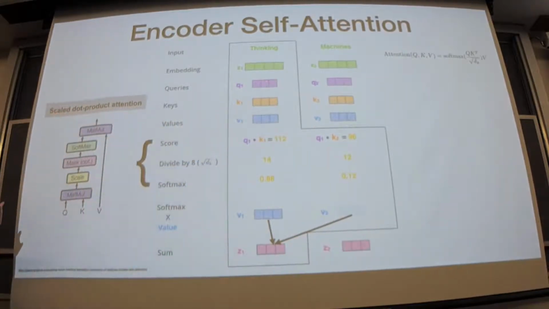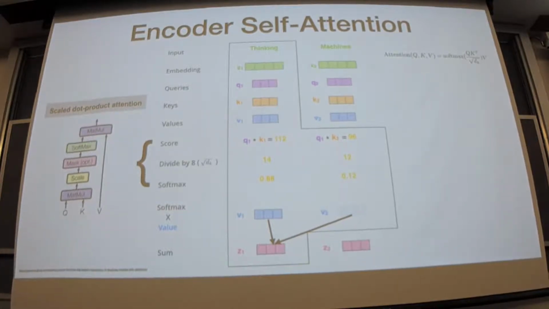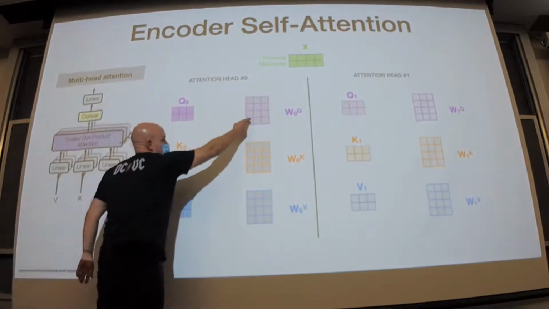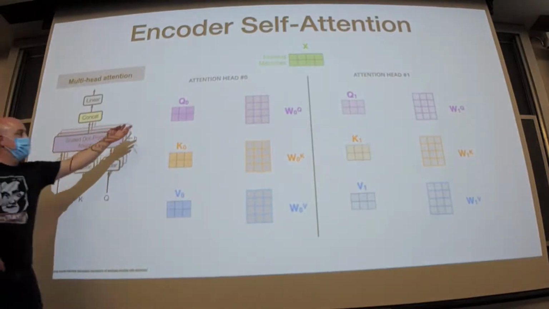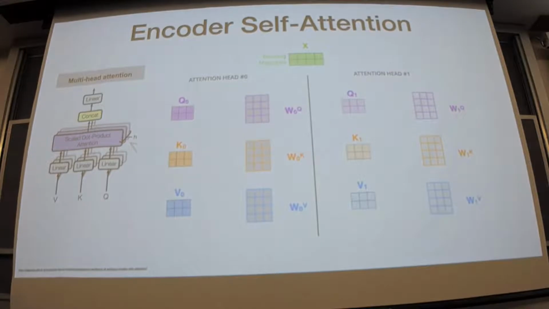And there are 8 of them, and for each of those, remember there are 3 learned matrices that take you from the input to your query vectors, your key vectors, and your value vectors.